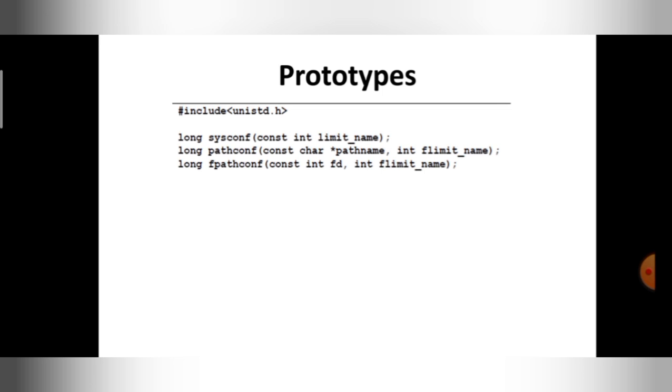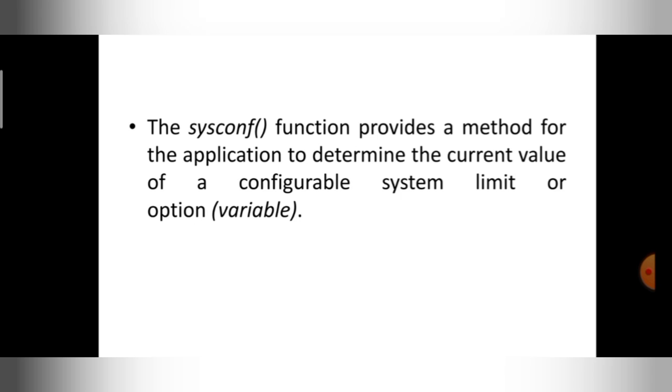You can see that with sysconf I can use a limit name, and with pathconf I can use a limit name. I can specify the limits using these functions: sysconf, pathconf, fpathconf. Next, what does sysconf do?